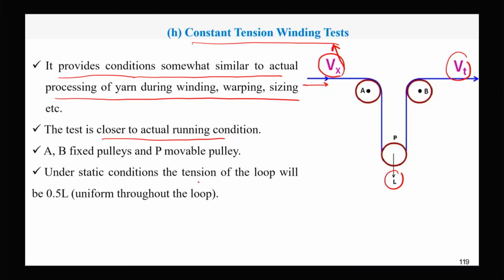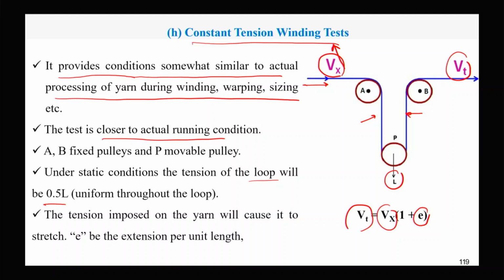The tension of the loop will be 0.5 L, because this total load is being shared by two sides, uniform throughout the loop, and output speed will be input speed multiplied by 1 by E. E is the extensibility of the material.